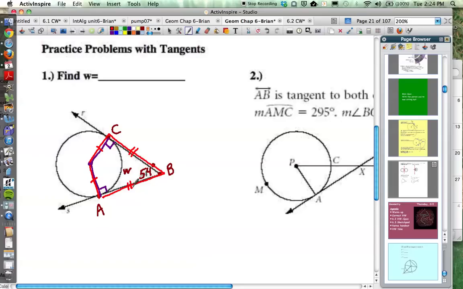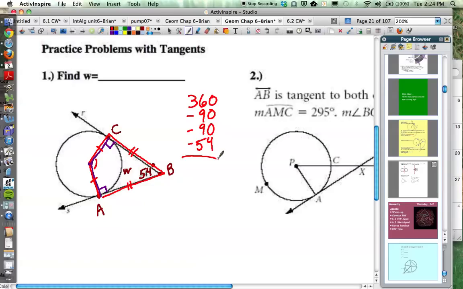Now if we could find that central angle right here, it is going to be the same measure as the arc that it intercepts. So if we find that central angle, we'll therefore find the measure of W. So let's take 360 degrees, let's subtract off 90, let's subtract off 90 again, and let's subtract off that 54-degree angle.